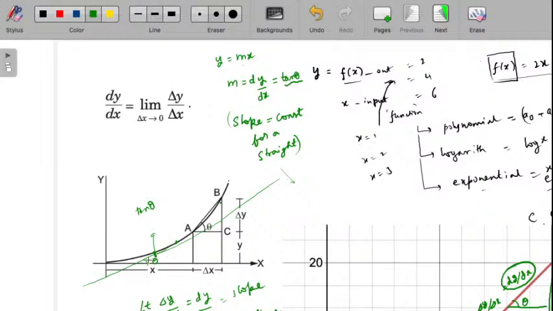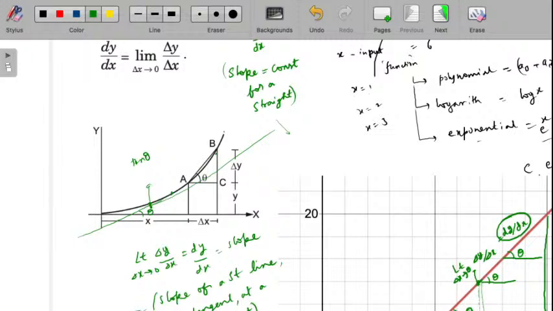There would be a definite variation of the slope itself, because when there is a polynomial, using this definition of slope, if you could compute a certain relation for the slope as well based on the polynomial's equation, that could help us to generalize how the slope varies at each and every point.